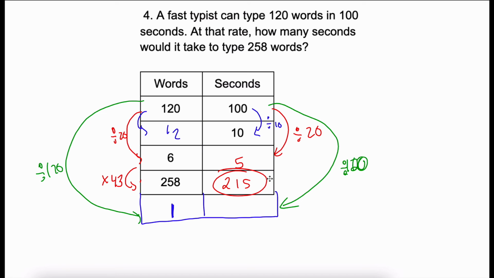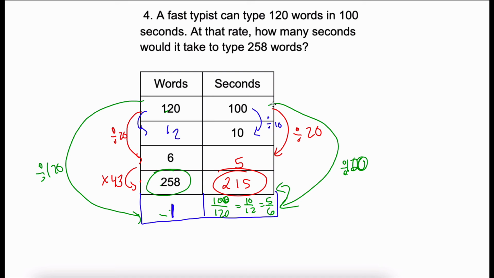That's going to be a decimal, or you could leave it as a fraction, 100 over 120, which is 10/12, which is 5/6. And then times 258 would get you to 215. So going from 120 to 1, and then 1 times 258 would bring you to this box.